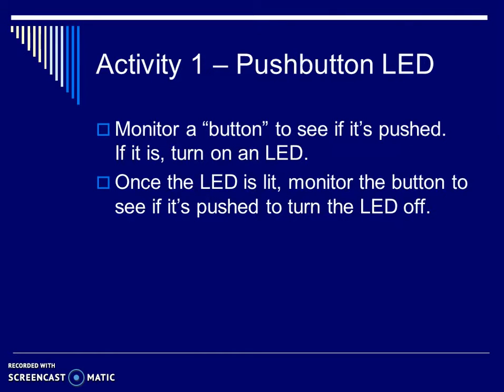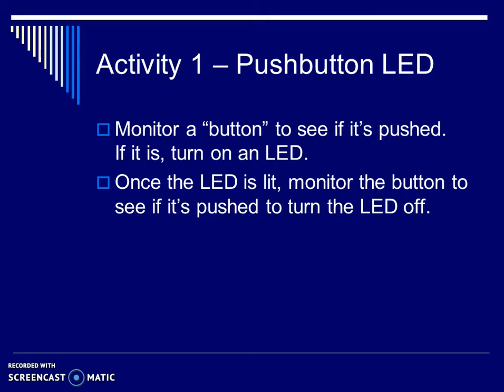Okay, I'd like us to create a simpler implementation as a first pass, since we've got a number of concepts that we're going to incorporate into this early implementation. So I alluded to this widget earlier. I'd like you to implement a push button LED switch that's essentially a toggle. So the Arduino monitors a button to see if it's pushed.